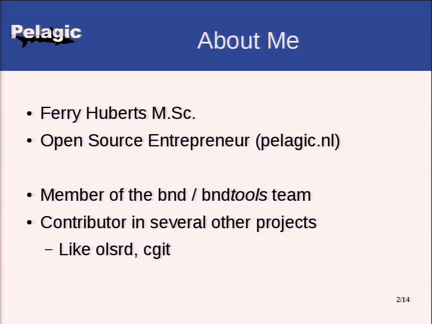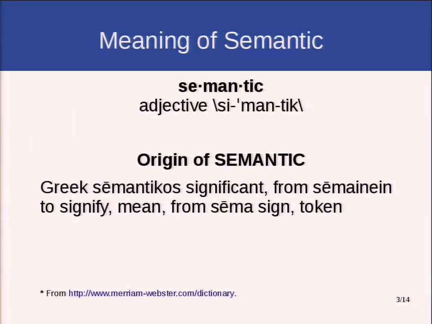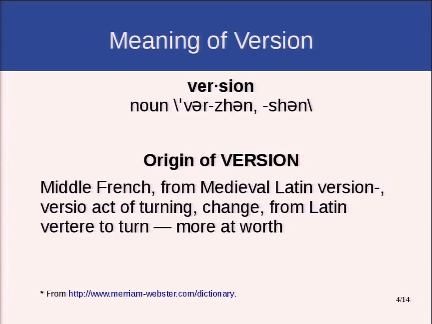Okay, so let's first explore what semantic versioning actually means. I looked up the word in Webster. Semantic means something with a meaning, a strict, clearly defined meaning. Then we look at version. That's an ancient French word that means something changes.